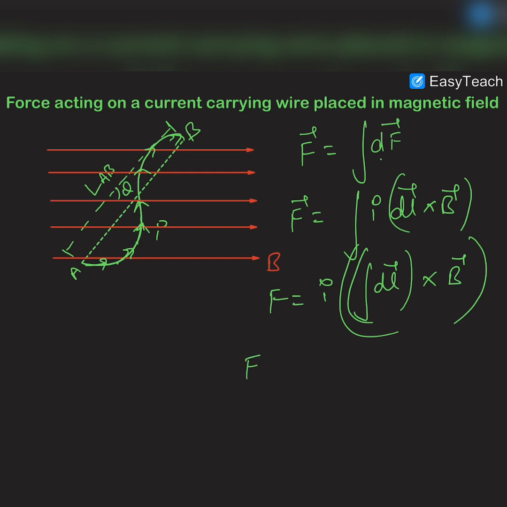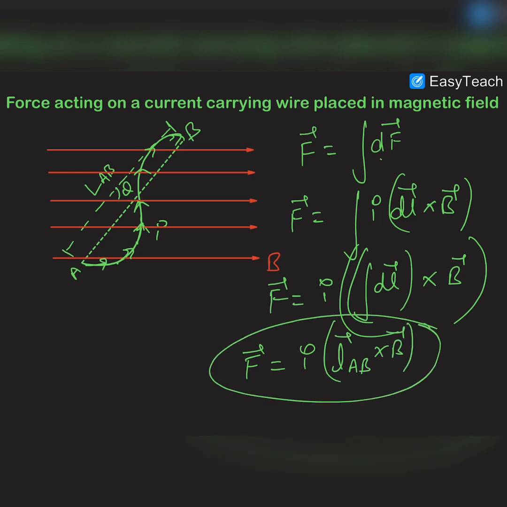So F vector will be equal to I L_AB vector cross B, and L_AB vector is the length vector formed by connecting the ends of the wire directly, and its direction is in the direction of current, which means that if the direction of current is from A to B in this case, then this length vector would be pointing from A to B.